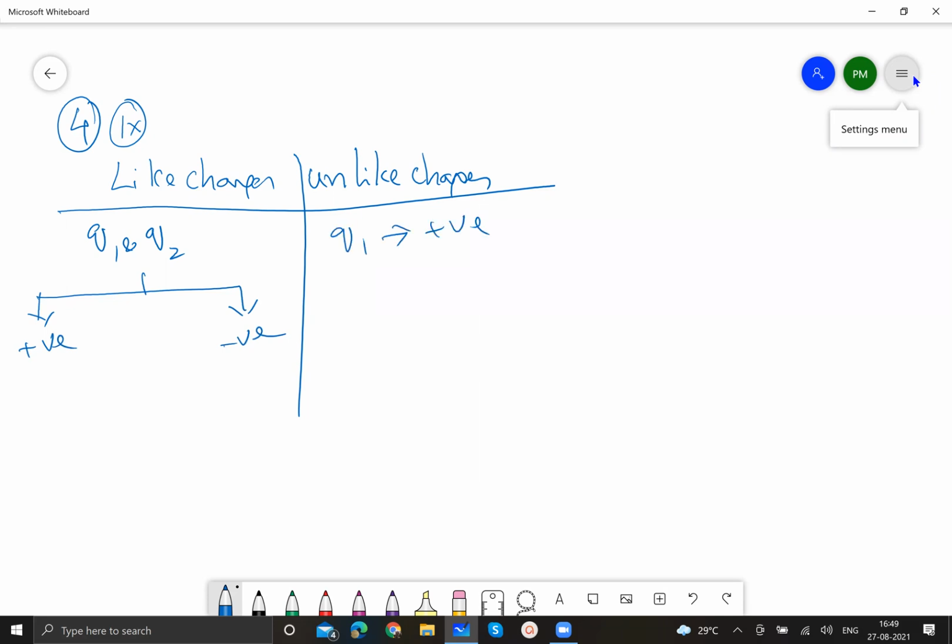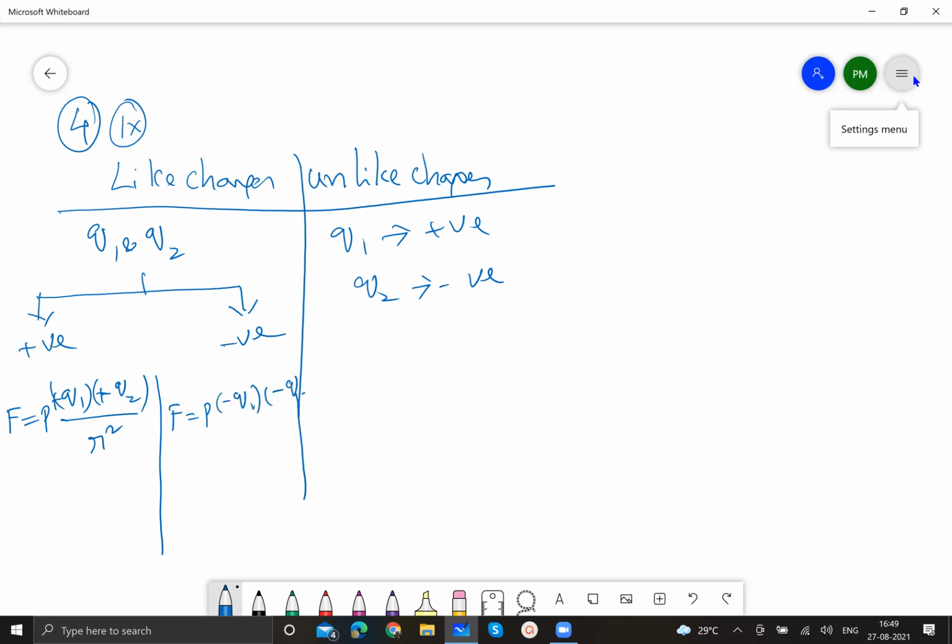Q1 is positive, Q2 is negative. Then F is equal to K into plus Q1 into plus Q2 by R square. Here F is equal to K into minus Q1 minus Q2 by R square.